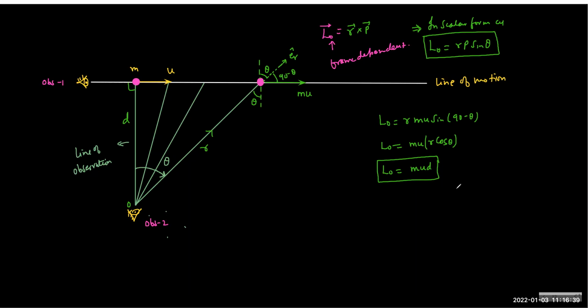So if this is the line of motion, and you're observing from here, what will matter is this distance, that's it. And that is why the moment you come to the line of motion itself, your distance becomes 0, and therefore you fail to see any angular effect.